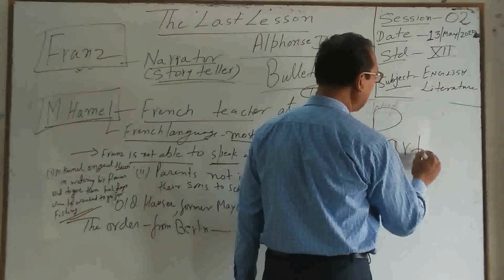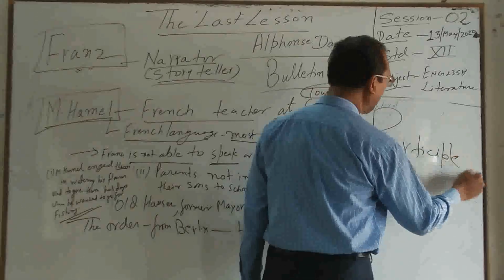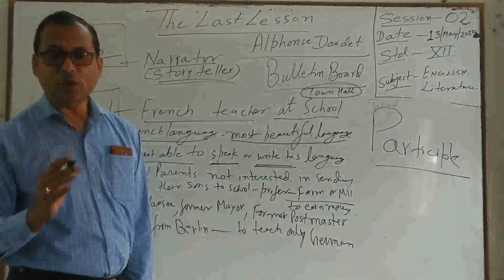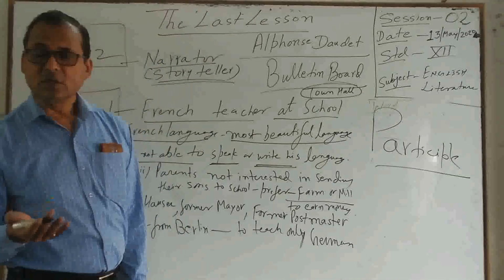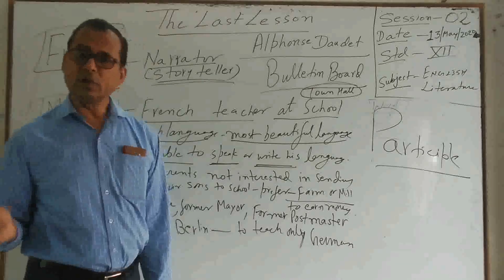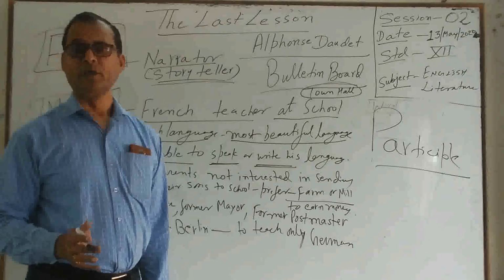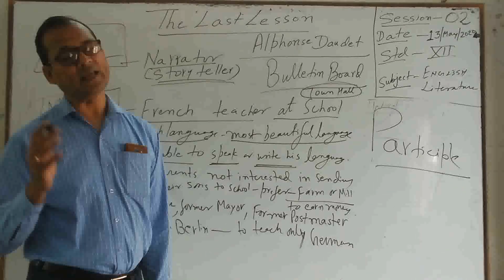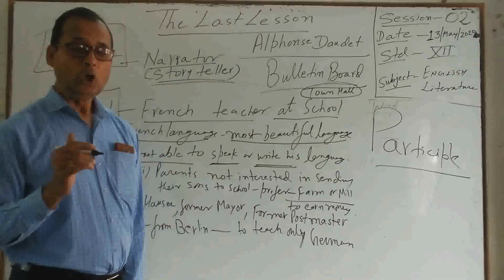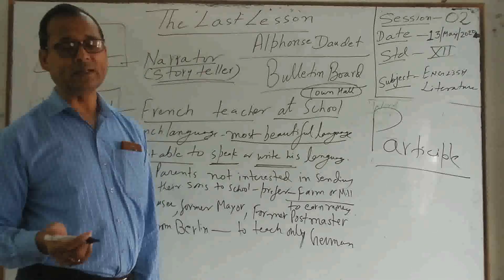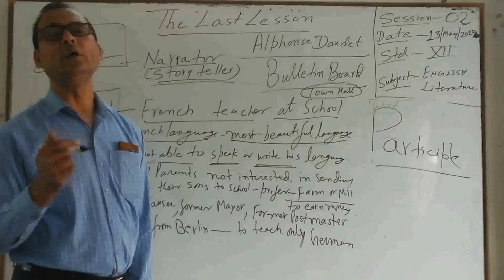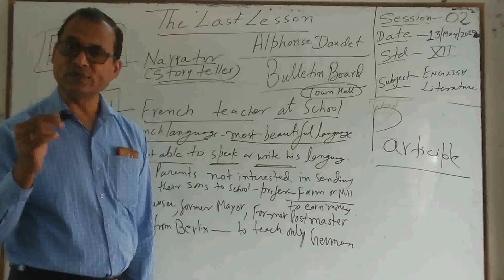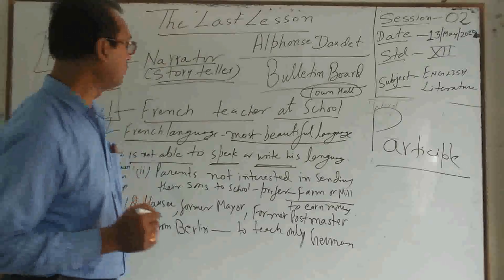What is participle? Participle is the part of English grammar where V1 is changed into V3 or V4. It is called participle. Present participle is verb plus ing, past participle is V3 as an adjective. So here Franz has accepted that he himself doesn't know about participle. So weak he is in French or other languages also.